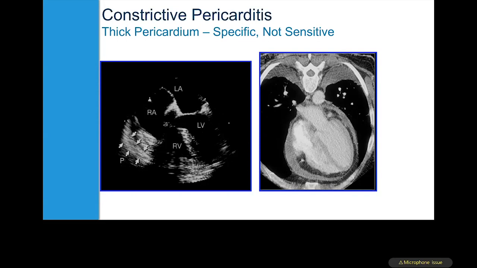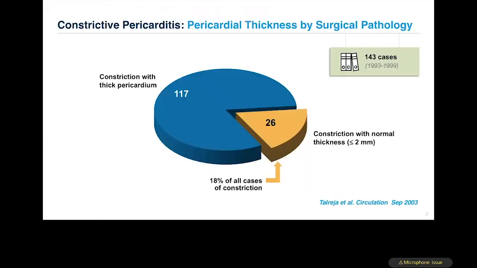In fact, this particular study from Mayo Clinic long back showed that the pericardial thickness can be normal in almost about 25% of patients with constrictive pericarditis. It's the altered material properties of the pericardium.